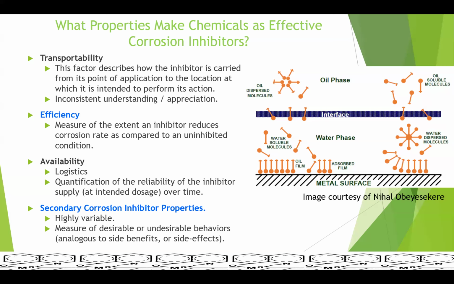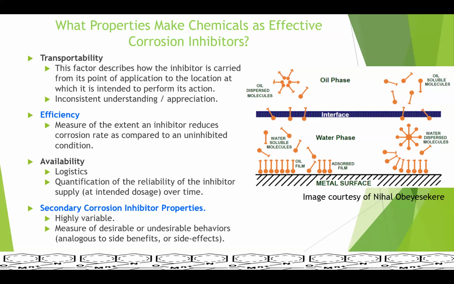Availability is in logistics, to ensure that the supply chain is in place to reliably supply corrosion inhibitor at the location of application. When we select an inhibitor based on efficiency, it might work very well in one location or one condition. It may not work in another situation. That is because of the secondary inhibitor properties.